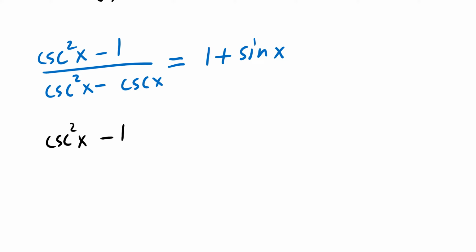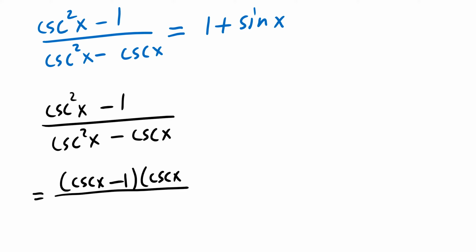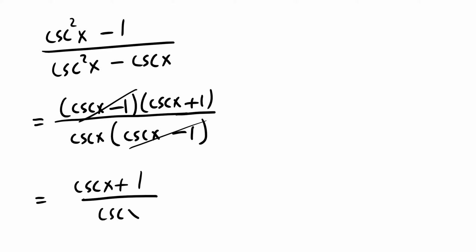I'm going to rewrite it first, and then what we can do is factor the top one, cosecant x minus 1 times cosecant x plus 1, and factor cosecant x in the denominator. So these cancel out, so that gives me cosecant x plus 1 over cosecant x.